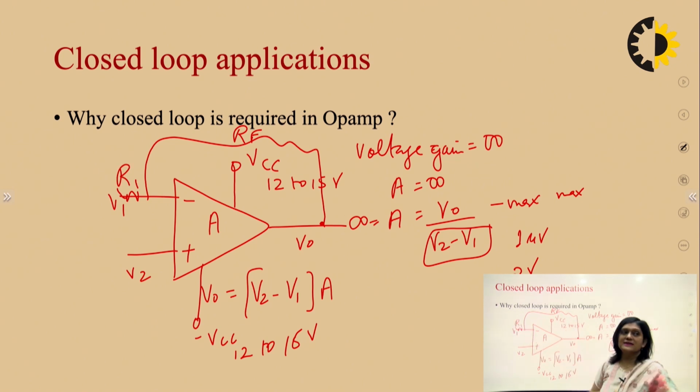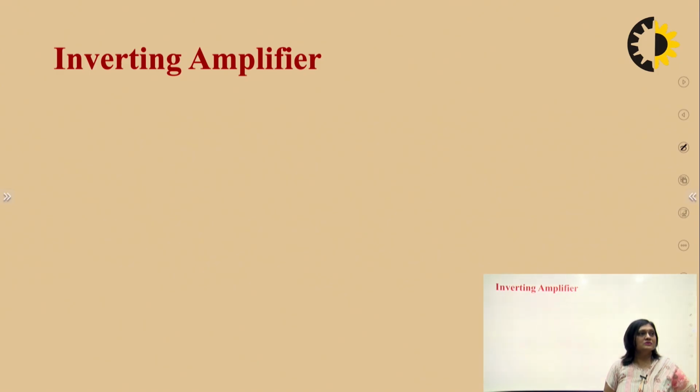RF is the feedback resistance and R1 is the input resistance. So gain will be regulated by the value of RF and R1. So we can have different values of the output signal, and we can design any amplifier of different gain value, like gain may be taken as 10, 100 or 1000.